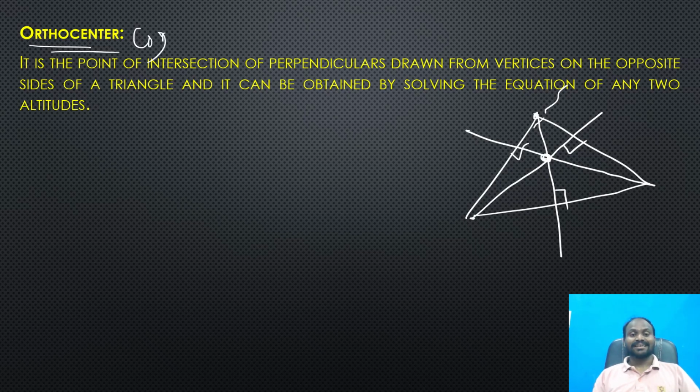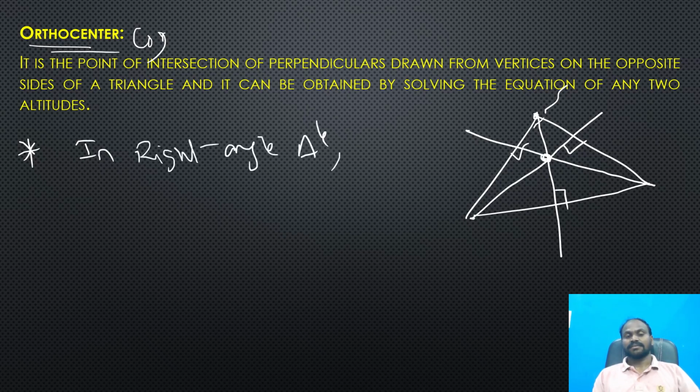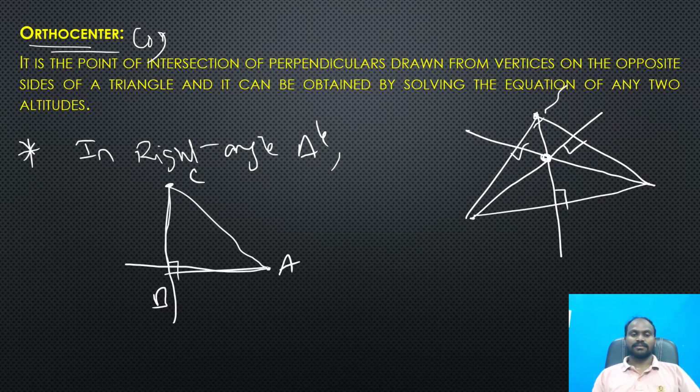Right? So in a right angle triangle, that point is important. In a right angle triangle, you can see the orthocenter position here. The perpendicular from C to BA meets at B, from A to BC meets at B, and from B to C, anyway, starts from B. That means in a right angle triangle, the orthocenter is at the vertex of the right angle.